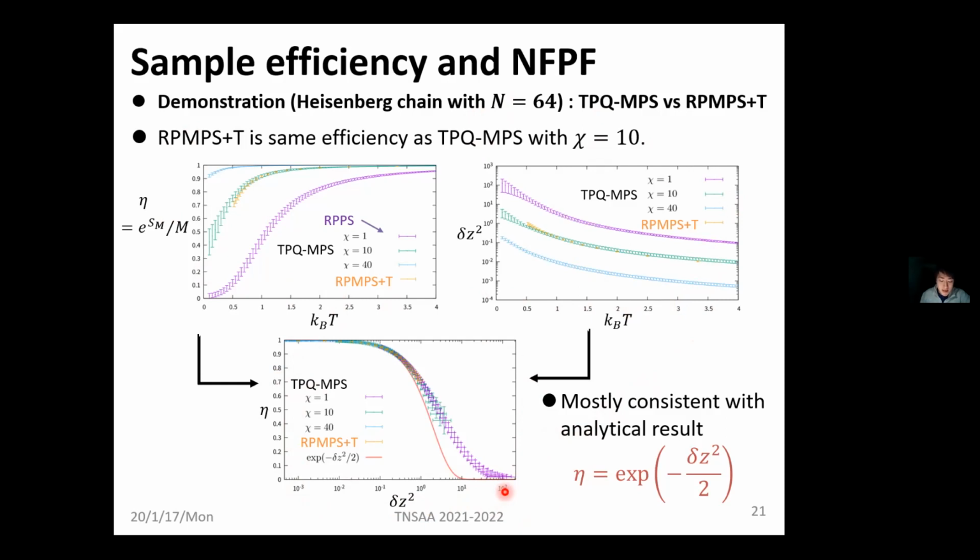We find that they collapse to the same curve. This curve is mostly consistent with the analytical result. It equals exponential of minus NFPF over 2, shown in the red line. This confirms that our analytical and numerical methods work very well.